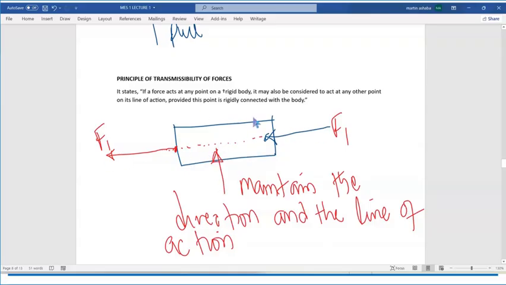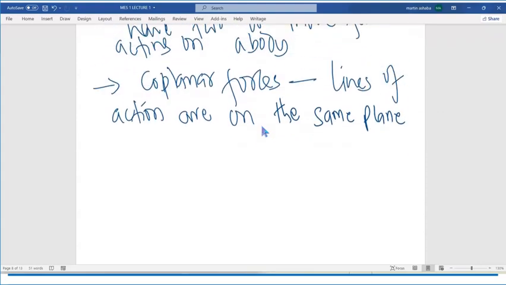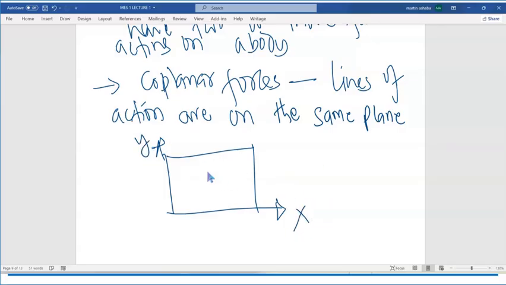So we could have a plane like this. We will be talking about planes. This is the xy plane. Now, assume that you have a number of forces, okay?